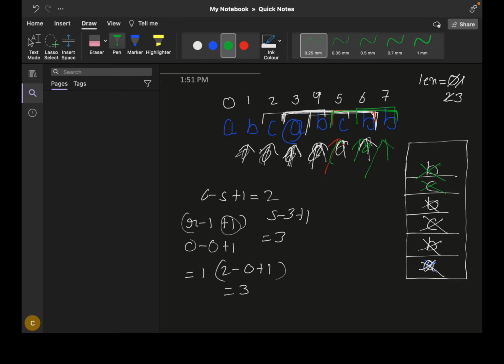Now left and right both point here, and B is not contained. So we push the B character and calculate the length, which would be 7 minus 7 plus 1, that is 1, but we already have a maximum of 3, so in the end we return 3.